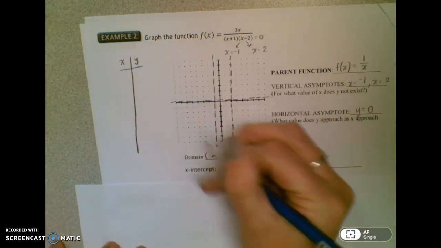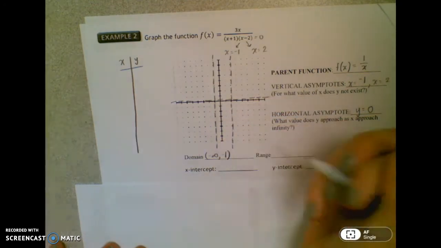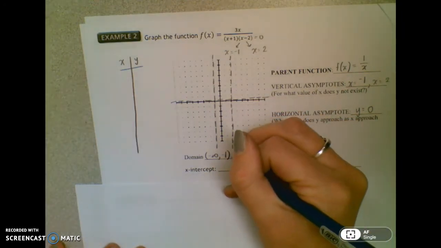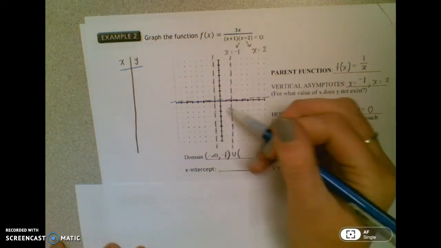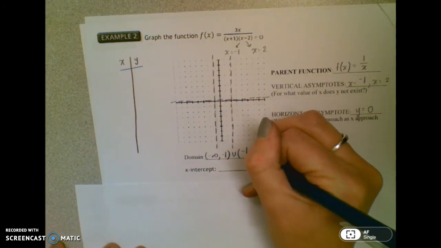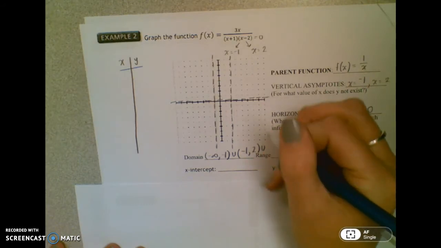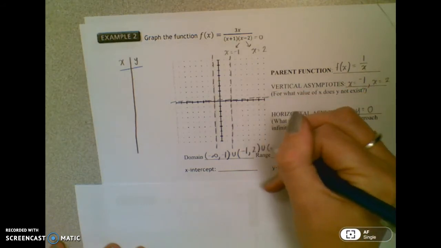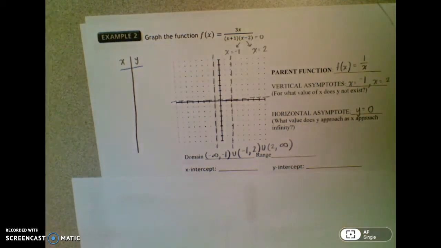My first interval is -infinity to -1, that first asymptote. Open parentheses because we don't include the asymptote of -1. My second interval is from -1 to 2. And I'm going to test 3 points in that interval. And then my last interval is 2 to infinity. We'll check the range after we graph it.